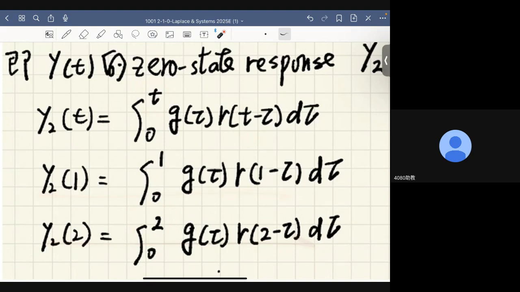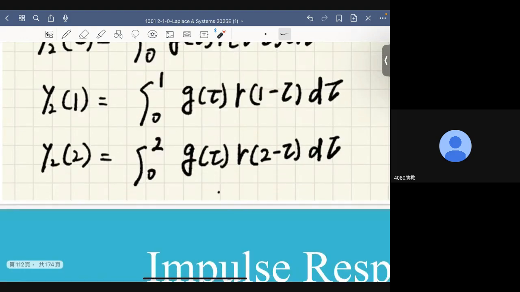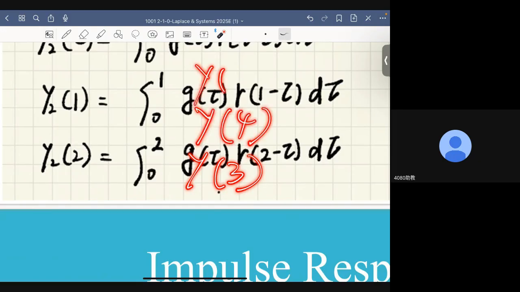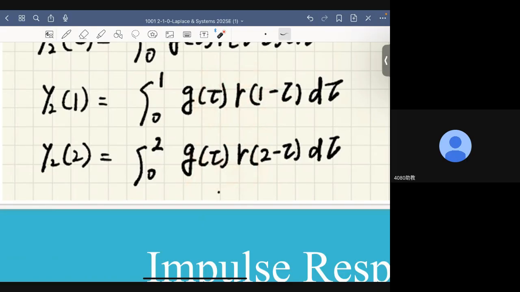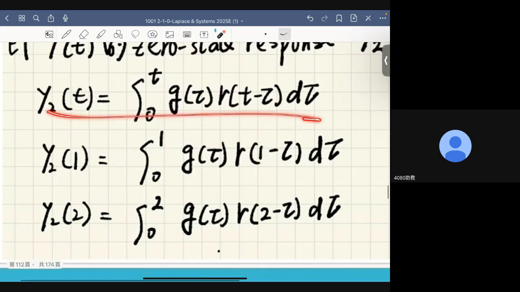Which means that you can also determine the value of y(3), y(4), y(5), all at the same time, provided that you have multiple CPUs to help you do that. Or you have one CPU, but you have multiple cores, and one core takes care of one operation. So that's the fundamental idea of parallel processing.